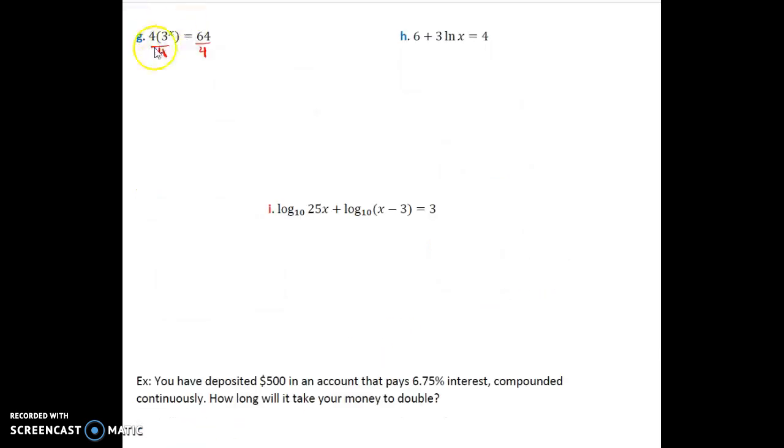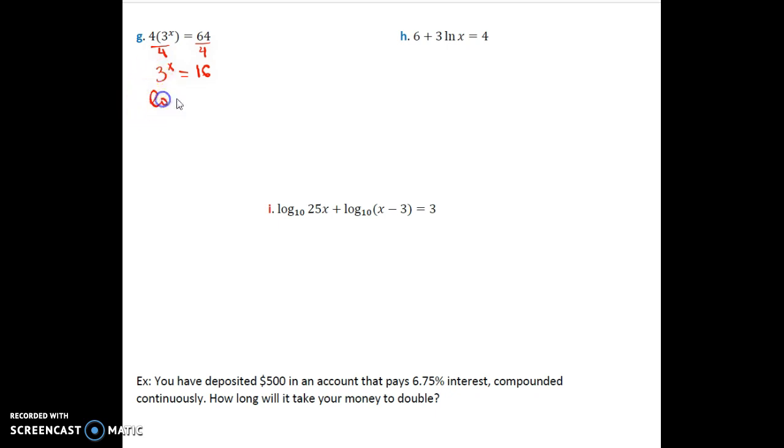On the back part, we have 4 times 3 to the x power is equal to 64. Since we want to leave the exponential all by itself, we're going to get started by dividing both sides by 4. That gives us that 3 to the x power is equal to 16. I do not know what is the power of 3 that's going to get me to 16. It looks like I'm stuck in an exponential. At this point, I'm going to convert it into a logarithmic form.